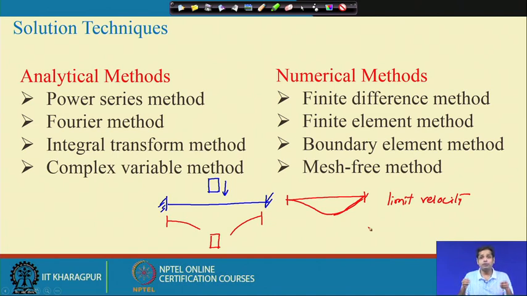In a very crude way, suppose you have a structure and you fire a bullet with some velocity. If the velocity is small, the target may not fail; considerable deformation may take place, but it may not get penetrated.